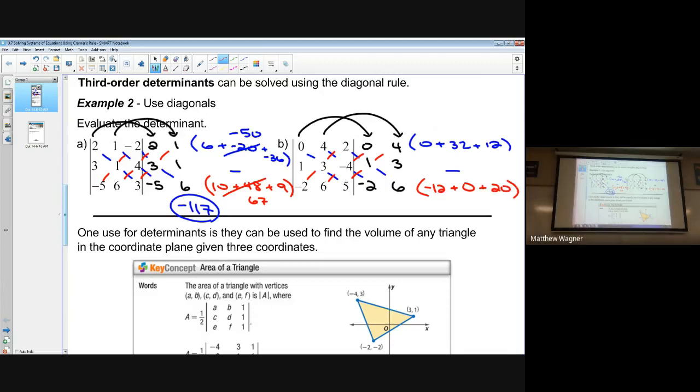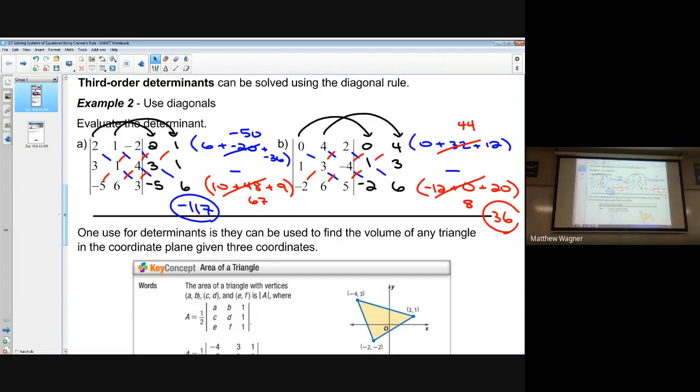So if we look at the bottom here, we have 8. Up here, we have 44. 44 minus 8 is 36. So that's the process of finding 2 by 2 and 3 by 3 determinants.